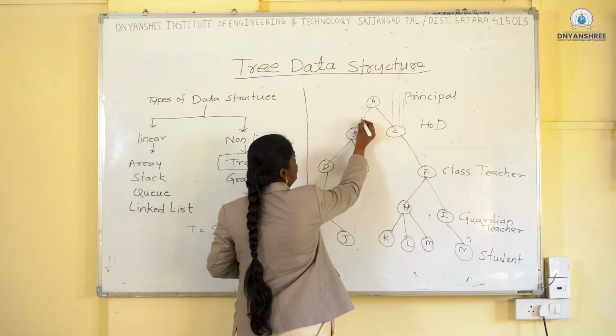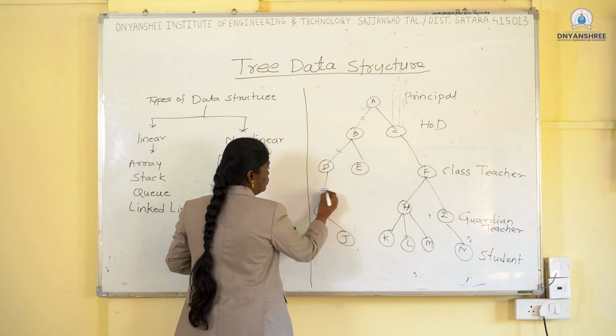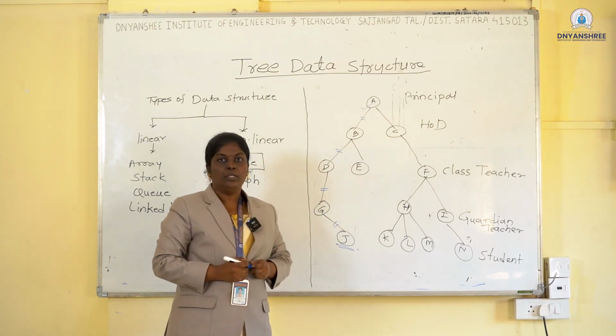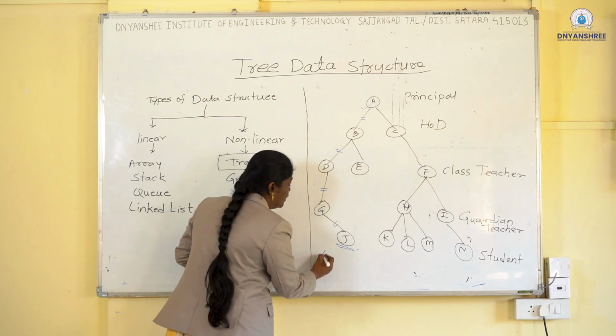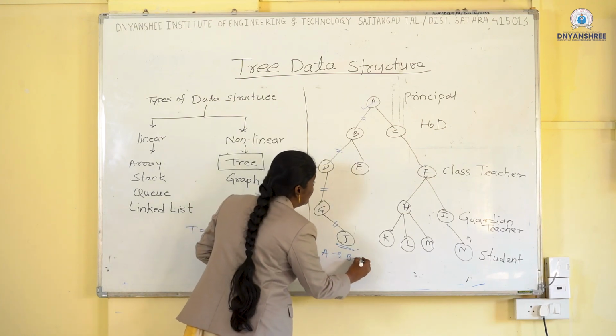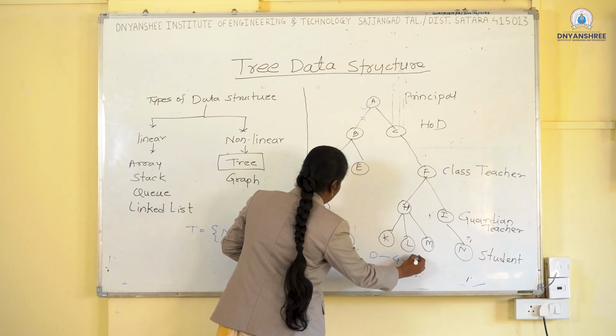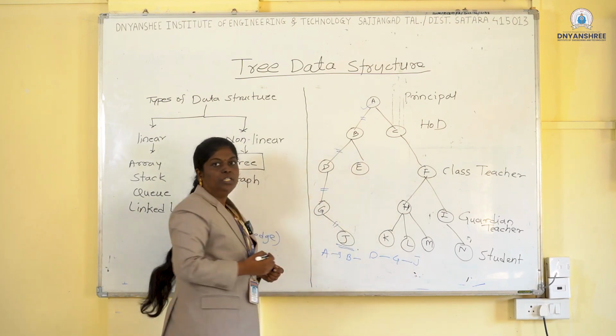If we follow consecutive edges to move up to the leaf node, then it is called a path. So here we know that A to B, then to D, then to G and then to J. This is one of the paths.